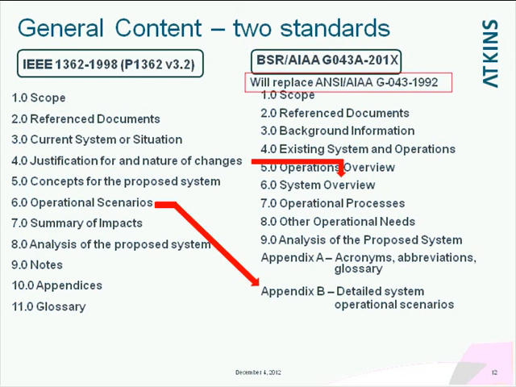BSR, I think, stands for Board of Standards Review, and I imagine when the standard is adopted fully, the BSR part will go away and it'll just be an AIAA. So I started looking at the two, and they're actually pretty similar in that Section 4 of the 1362 is actually Section 6, and the important part for me, the operational scenarios, is Appendix B. So they're quite similar.